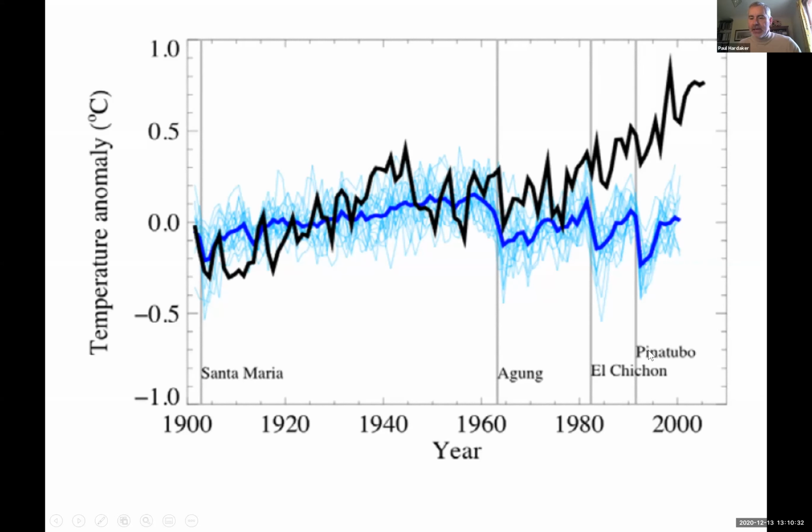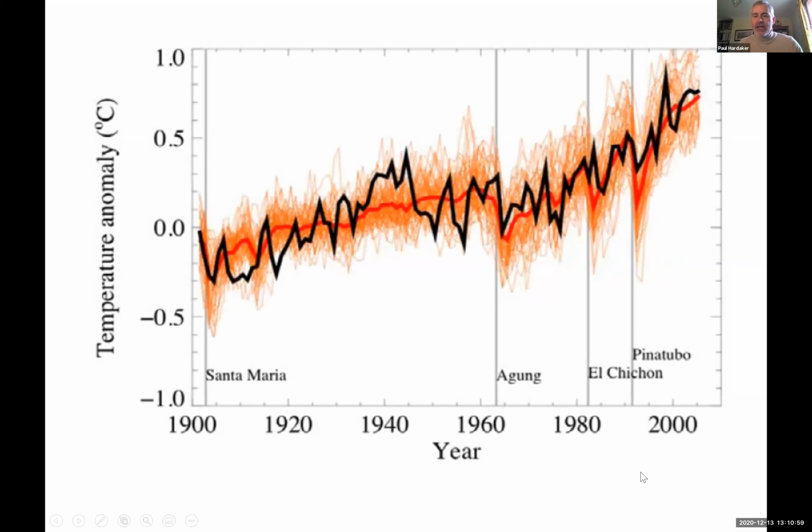And you can see on here, we've put the very largest volcanic eruptions, the eruptions that put a lot of particulates very high up into the atmosphere. And they can cool the planet for very prolonged periods. So you can see the eruption of El Chichon and the eruption of Pinatubo. They cooled the planet for 3 or 4 years, quite significantly. And then we added the human greenhouse gases into the model.